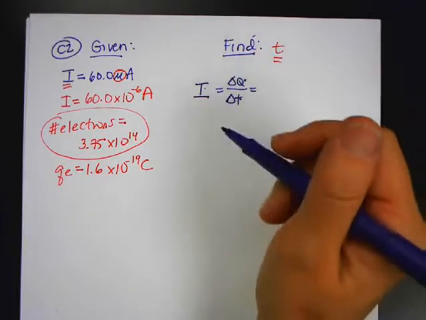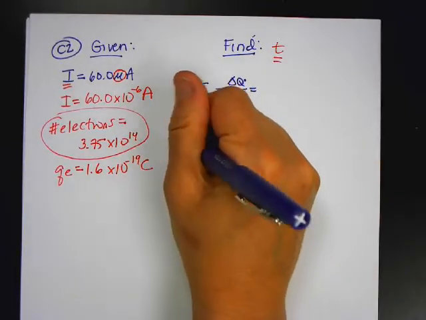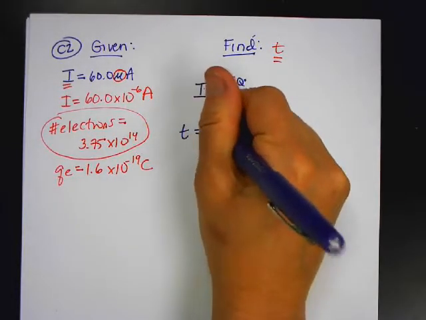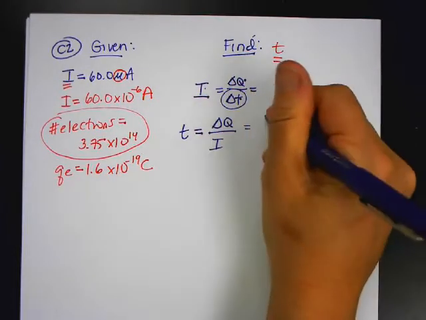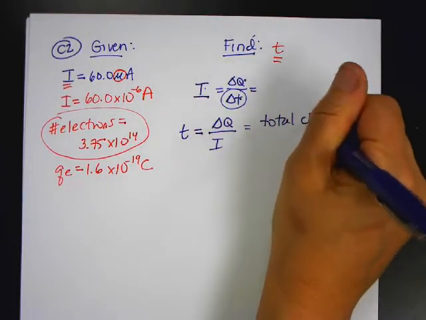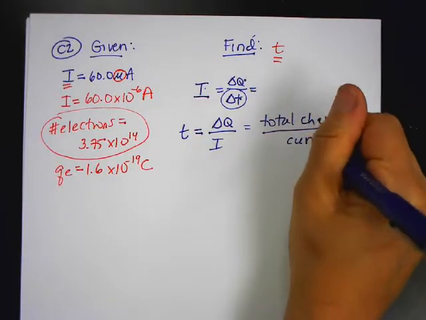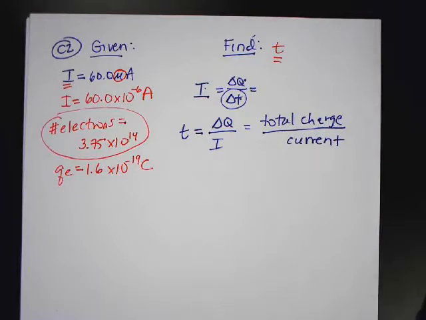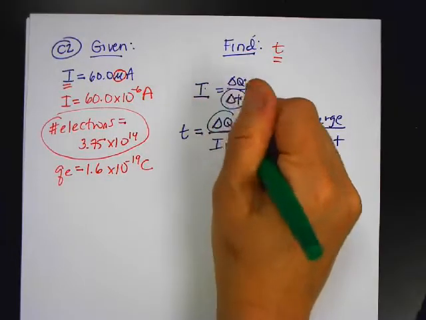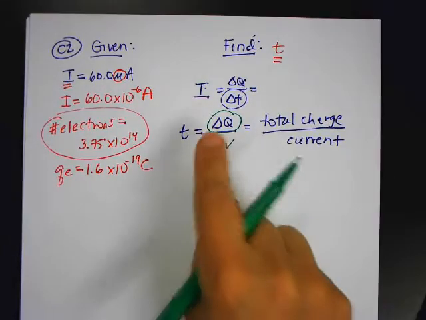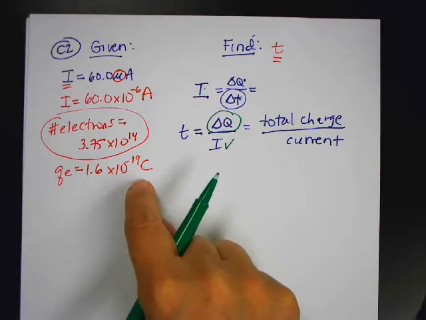I'm going to rearrange this equation because I want to solve for T. T is equal to delta Q over I. So this is the total charge over the current. Now when I look at my given, I have the current.